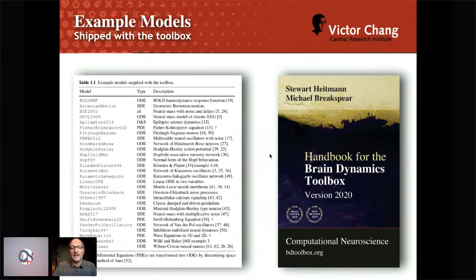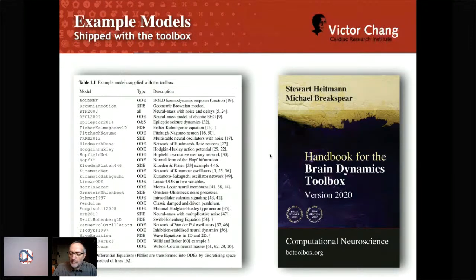Now, the best place to start with the toolbox is with the example models. It ships with 30 or more example models, and you can view a gallery of models on the BD Toolbox website as well. The models are listed in the handbook for the Brain Dynamics Toolbox in Chapter 1, and you can download Chapter 1 from the bdtoolbox.org website as well.